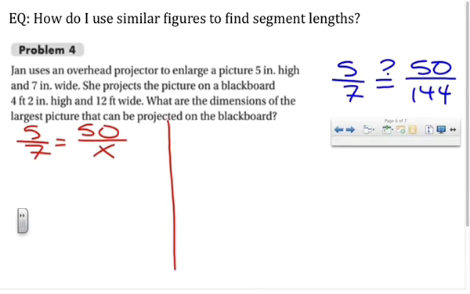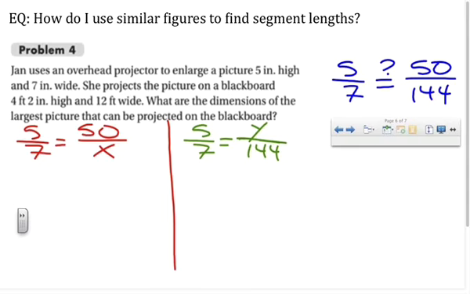Or I could take that 5/7 picture and enlarge the 7 to match the 144. Actually, let me use a different variable. Do the two proportions make sense?